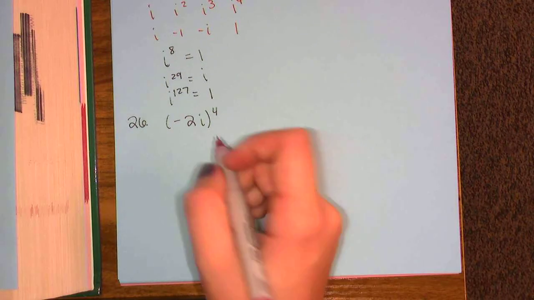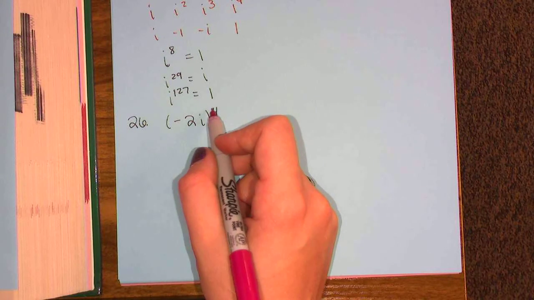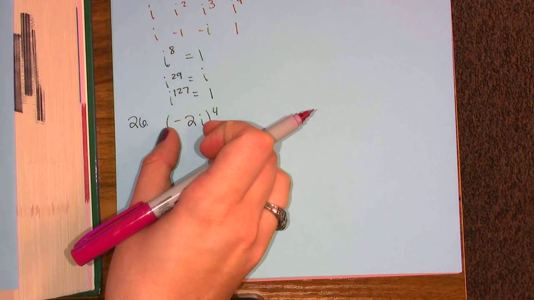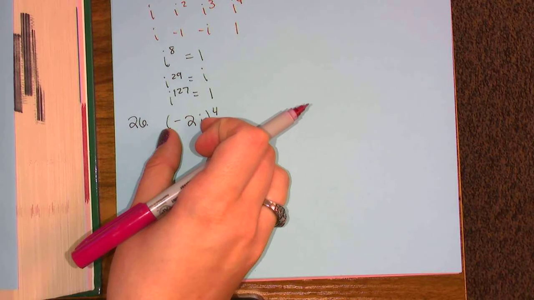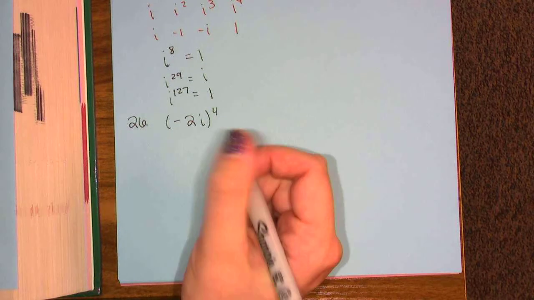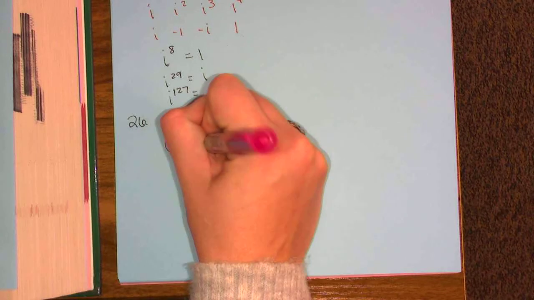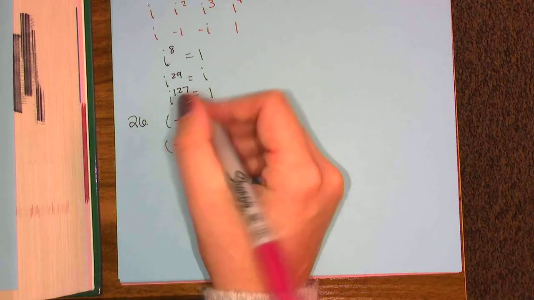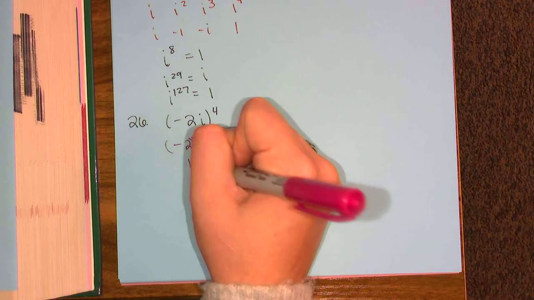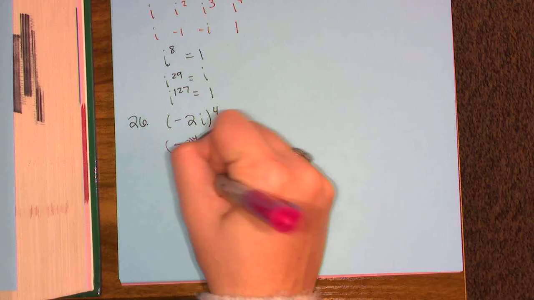If there were 2 terms, you would need to FOIL it, but when you have something raised to a power that's just one thing inside, if there were 2 terms, you couldn't do this. But there's only one term, so you just raise negative 2 to the 4th and I to the 4th. So 2 to the 4th is 16. I to the 4th is 1, so 16 is the answer.